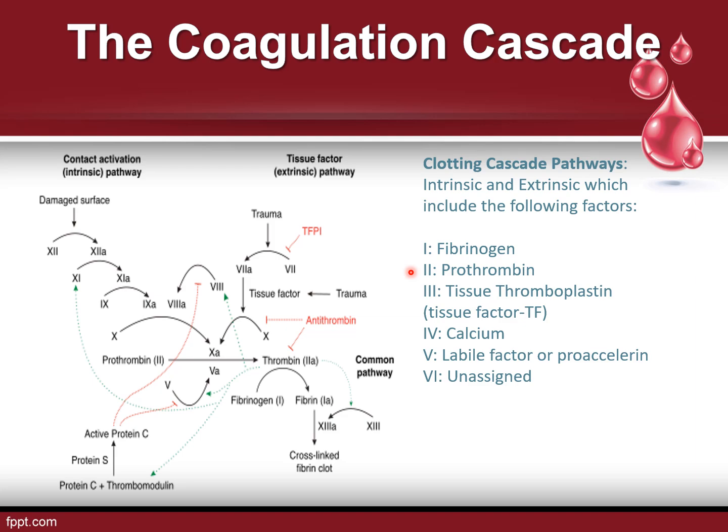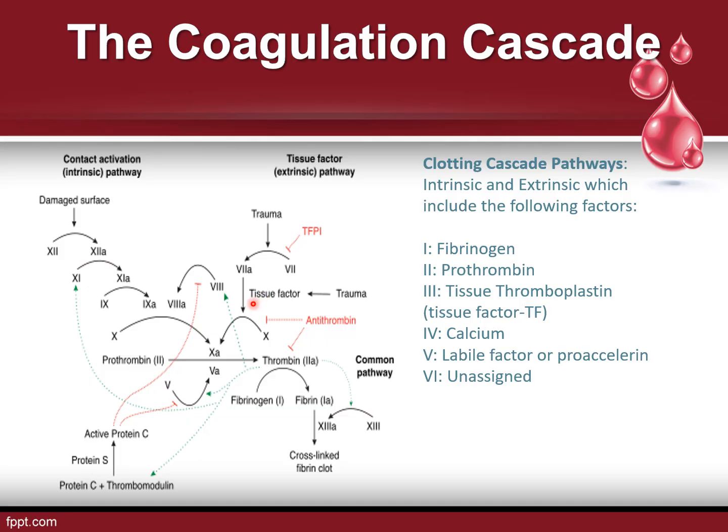Usually the extrinsic pathway starts with damage to the blood vessel, which means that factor 7 exits the circulation into surrounding tissues. The tissue factor, which is factor number 3, is released by damaged cells outside the circulation caused by trauma.